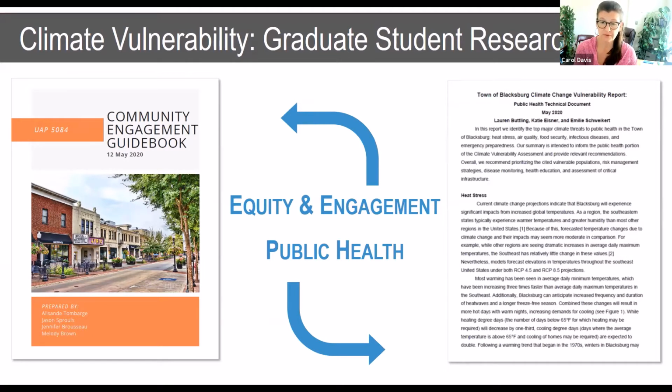Even diseases that are considered tropical, that we've never seen in Virginia, are marching their way northward. It's anticipated by some measures that dengue fever will be in our region by 2085. So these are really significant things to think about.